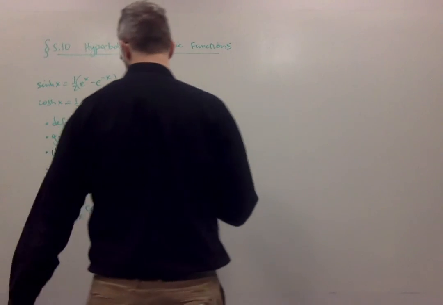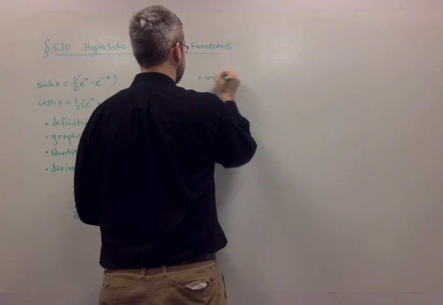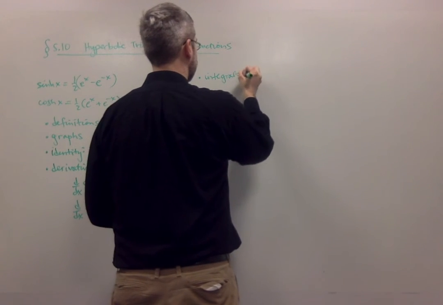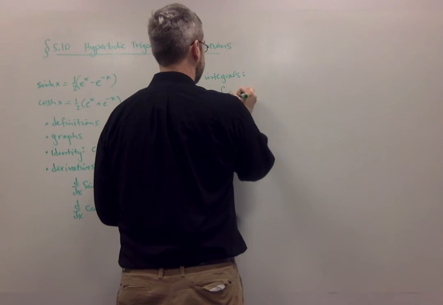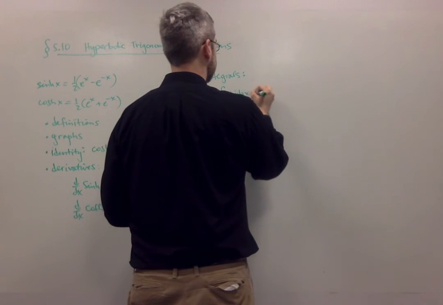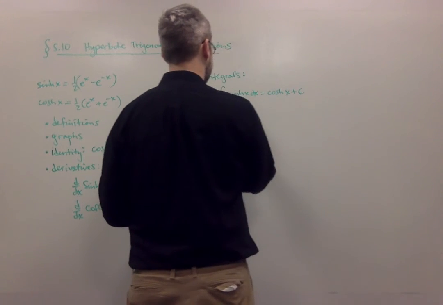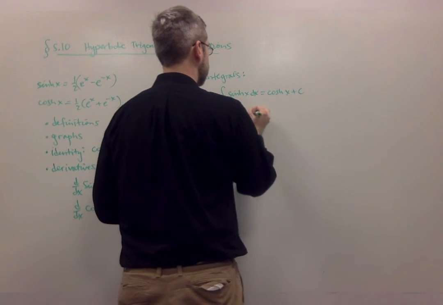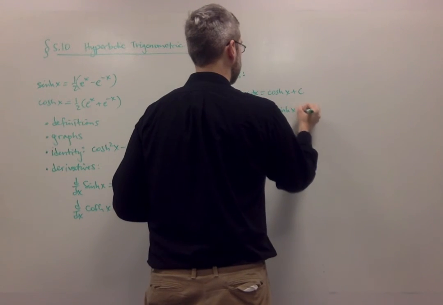Okay? They're really easy derivatives. And you should also know the integrals. Okay? Again, these are pretty easy. The integral of sinh is cosh plus c. And the integral of cosh dx is sinh plus c.